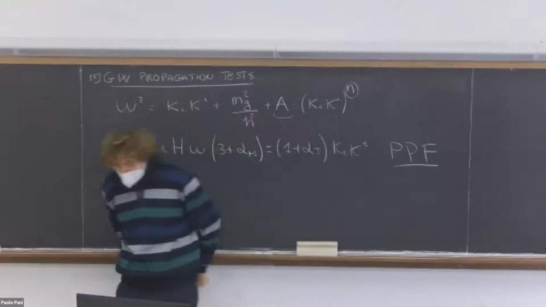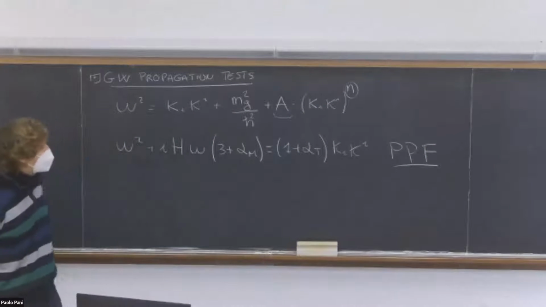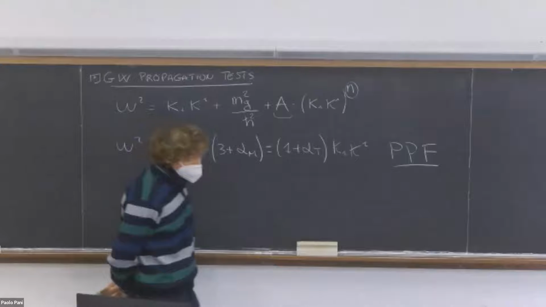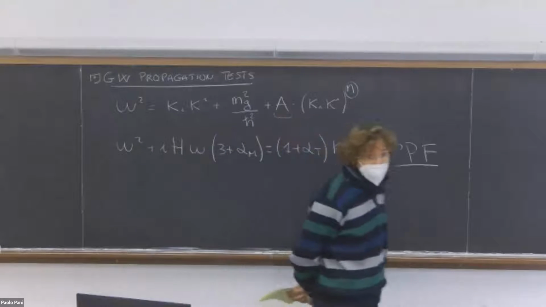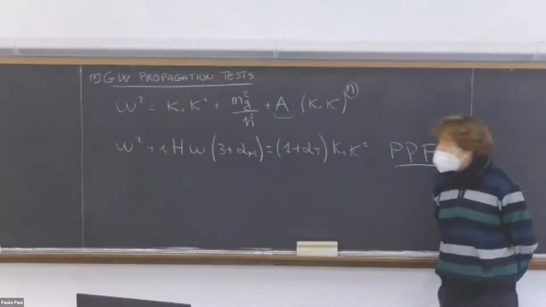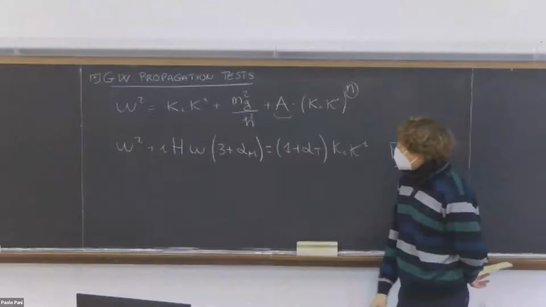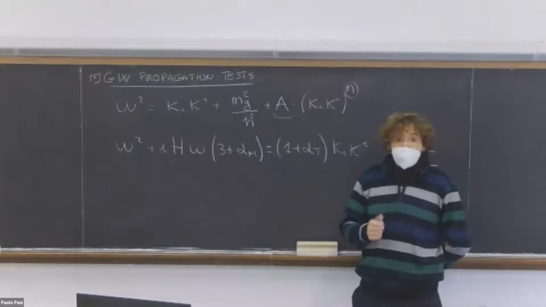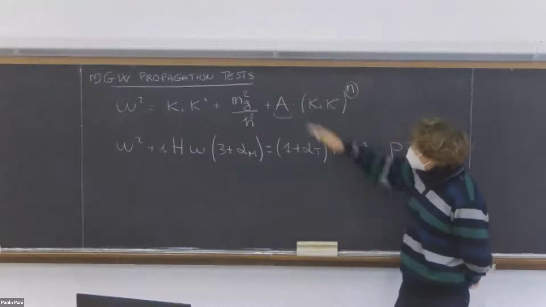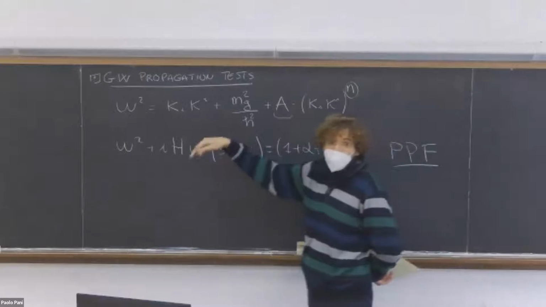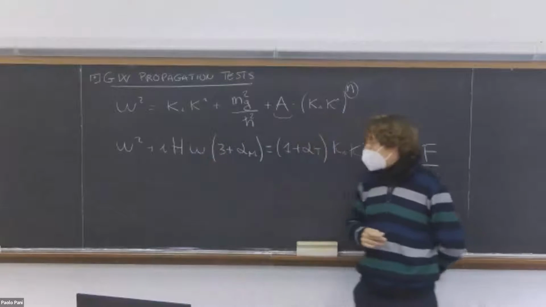parameterized post-Friedmann tests of gravity, which are related to a parameterization that deforms the standard Friedmann cosmology and linear perturbations, adding extra coefficients that acquire a specific value in general relativity. These two parameterizations are not equivalent to each other, they are actually complementary.